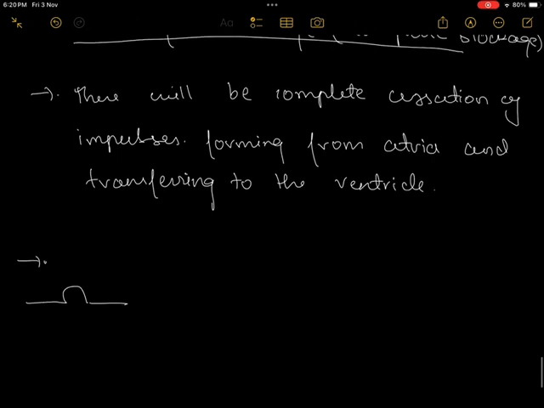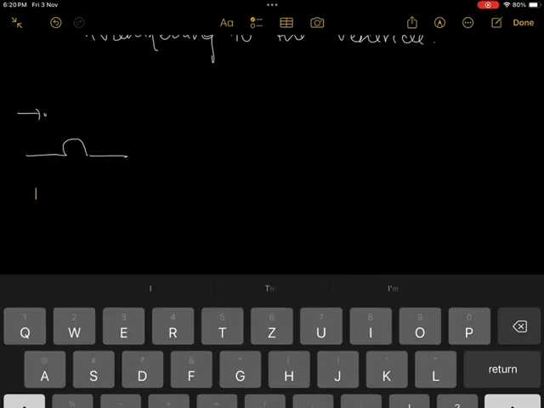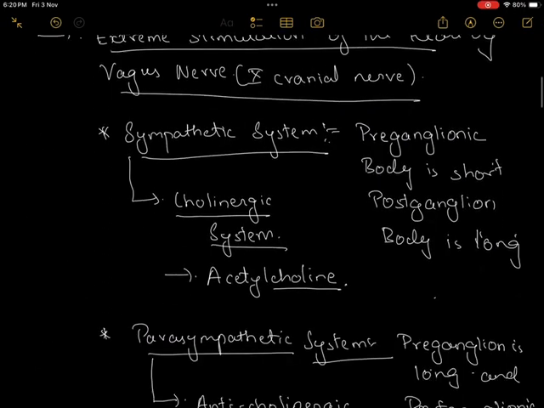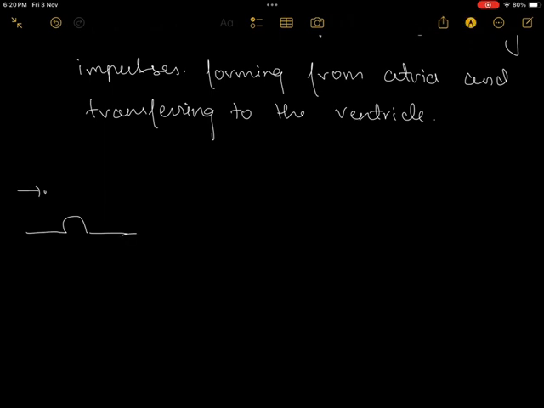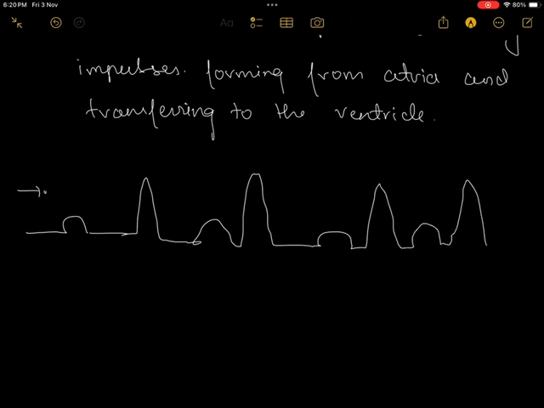So let me draw the QRST complex here, the ECG diagram for third degree blockage. It will be like this, a kind of wavy type. There is only formation of the P and R wave, but there is no complete formation of the QRST complex.